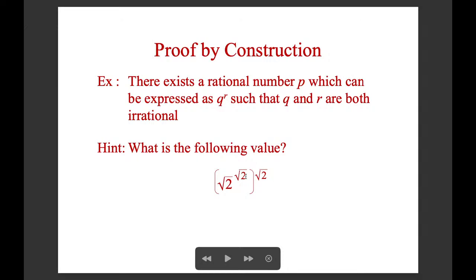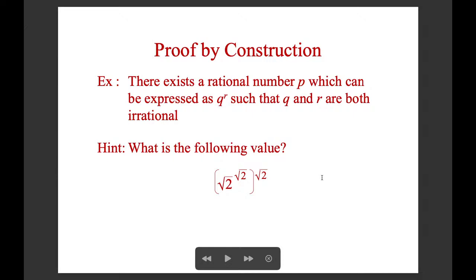Because square root 2 multiplied by square root 2 is equal to 2, this is square root 2 to the power 2, which is equal to 2 as well. So the value here is exactly equal to 2, which is a rational number. Now it works, right? This number looks like an irrational number, and we know square root 2 is irrational. So we have an irrational to the power irrational, which is equal to 2, which is rational.